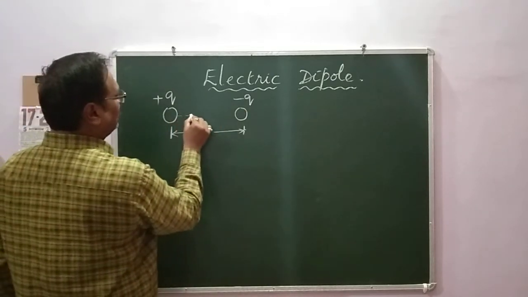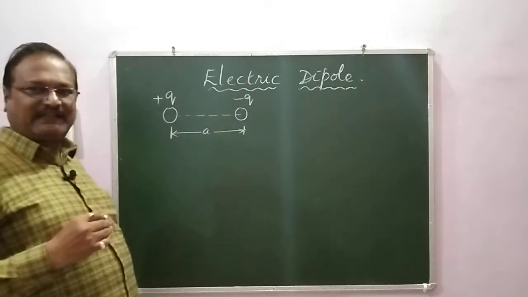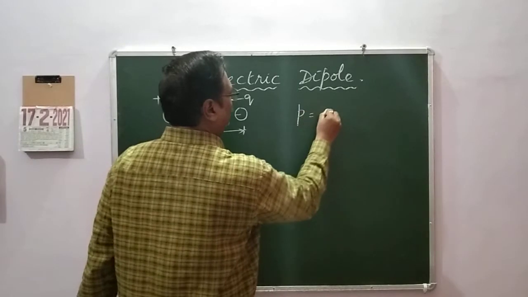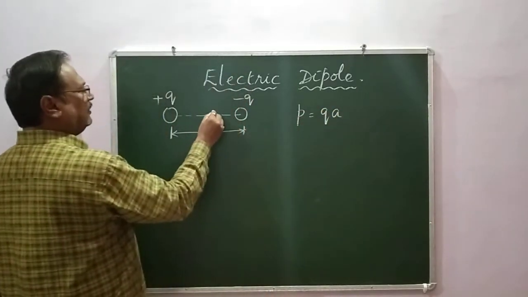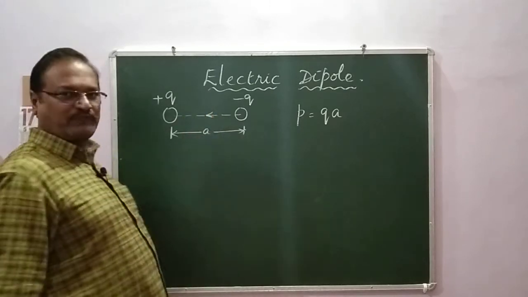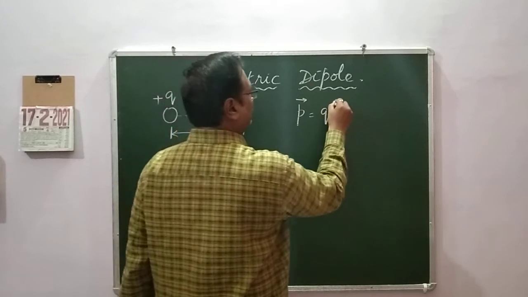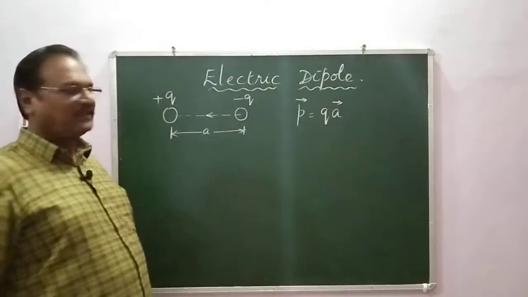Now, one is positive, another is negative. If I draw a small dipole axis, you will find that the dipole moment P, which is equal to Q into A, will act from negative to positive. Dipole moment is a vector quantity and the displacement is a vector quantity.